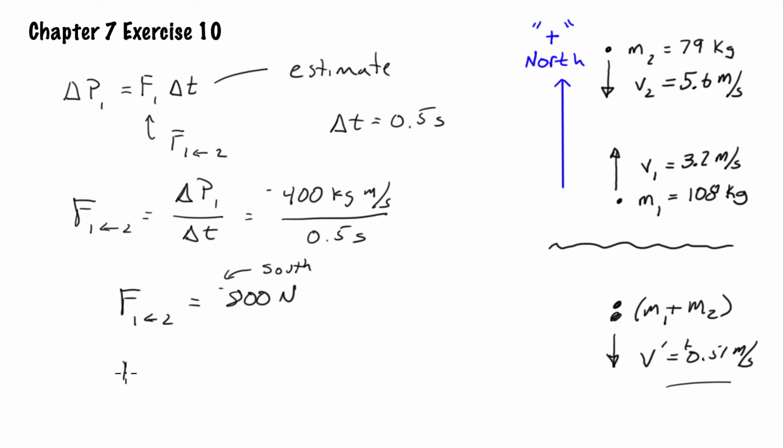Now what about the force exerted on player 2 by player 1? Well, I think you realize now this is an action-reaction force pair, so it has to be equal to 800 newtons, but in the other direction, north.